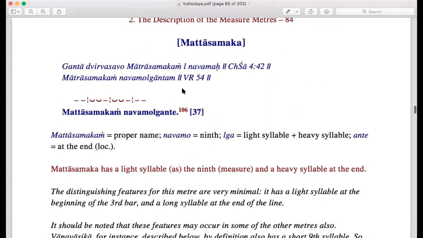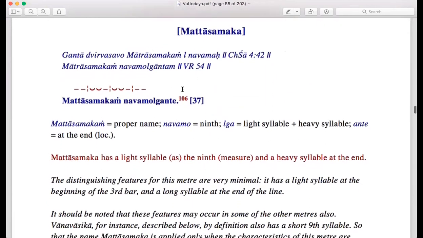It is Matta Samaka. Matta Samakang Navamol Gante. The meaning is that Matta Samaka has a light syllable as the 9th measure and a heavy syllable at the end. This doesn't say that there should be all light syllables; that is the rule for the previous verse.